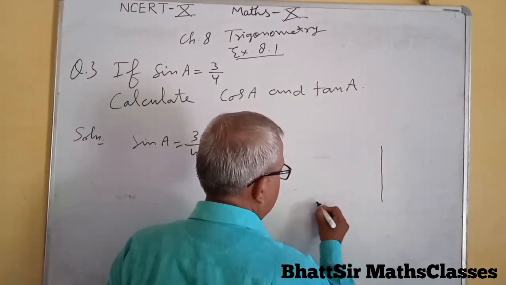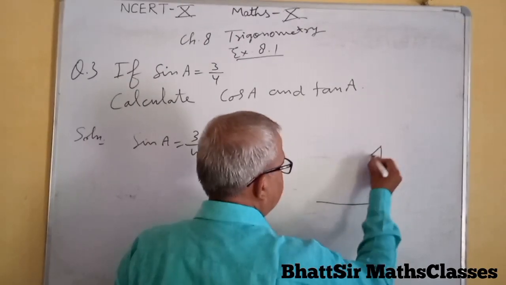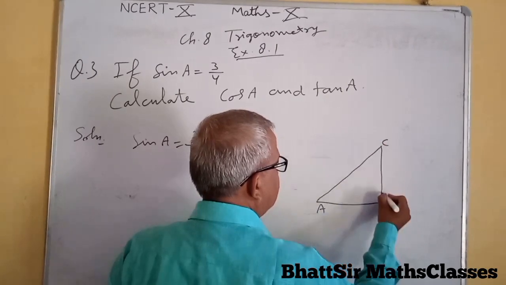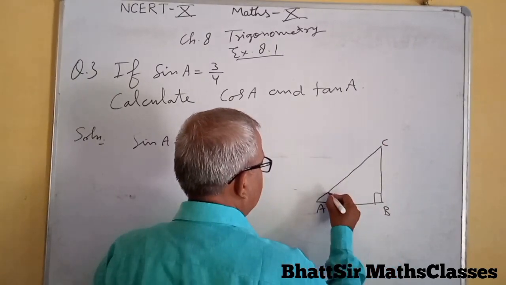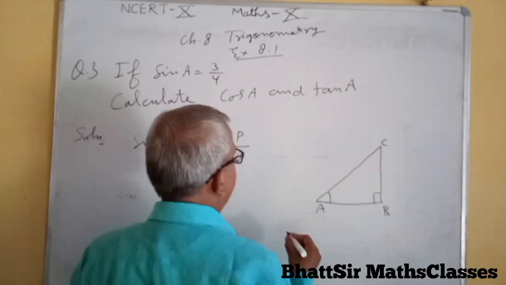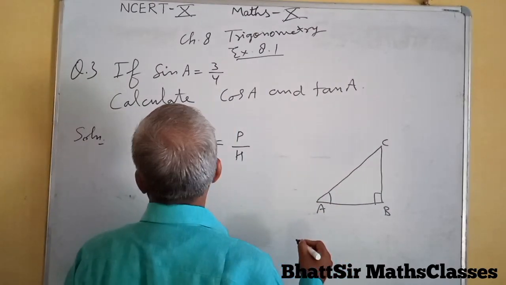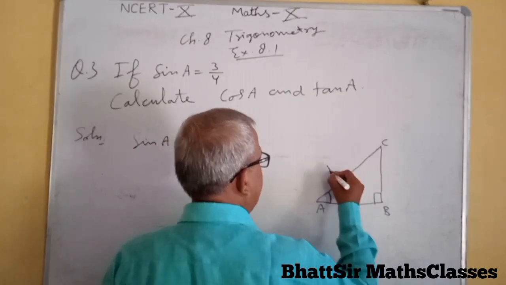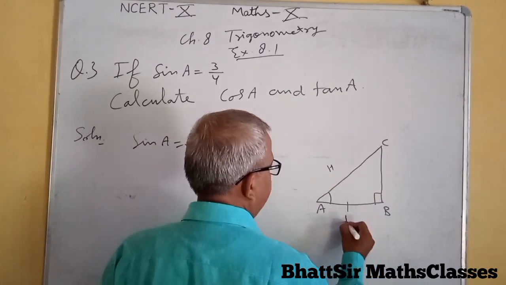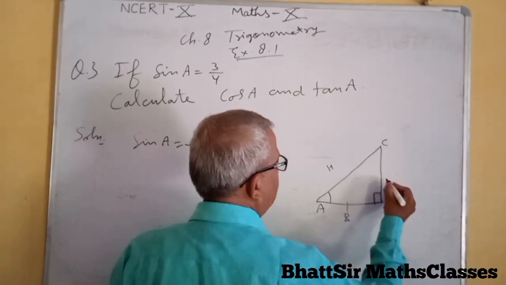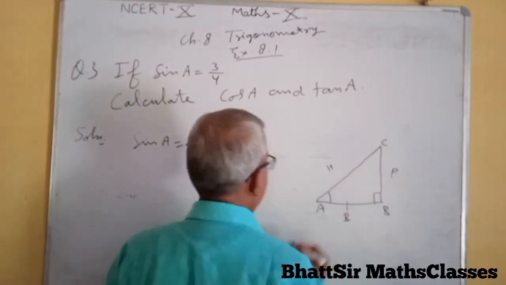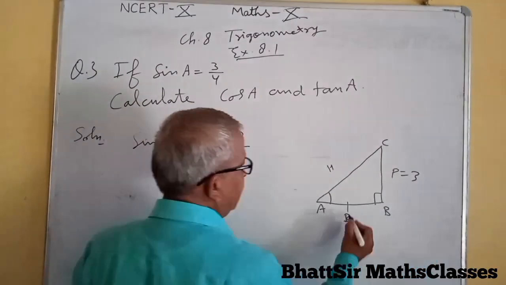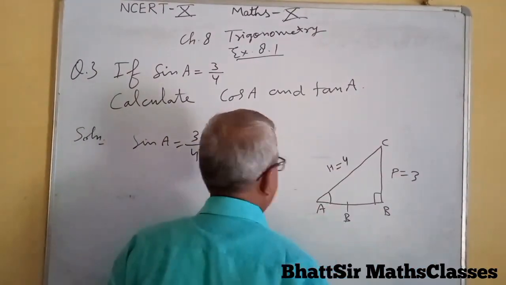Make a right angle triangle ABC in which B is a right angle. Then in right angle triangle ABC, the perpendicular is opposite the 90 degrees hypotenuse, the base is nearby, and the opposite of angle A is the perpendicular. So now the perpendicular is 3 and the hypotenuse is 4.